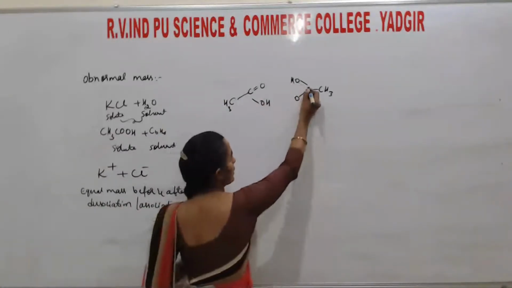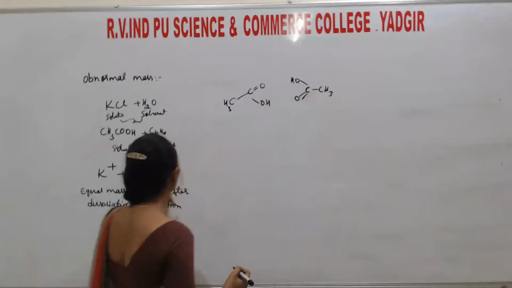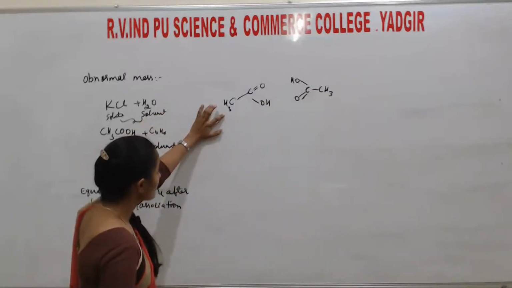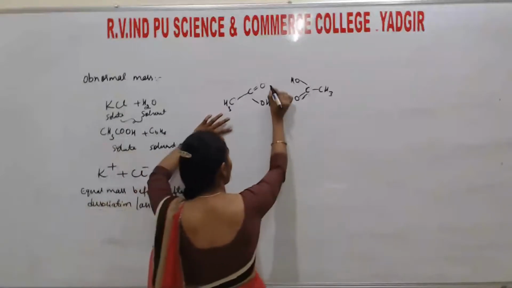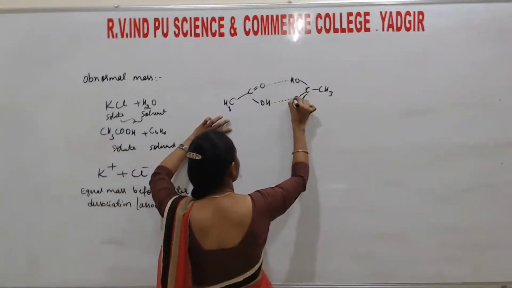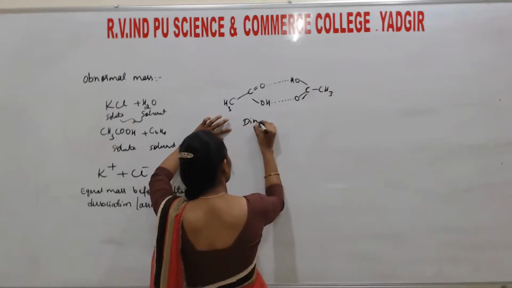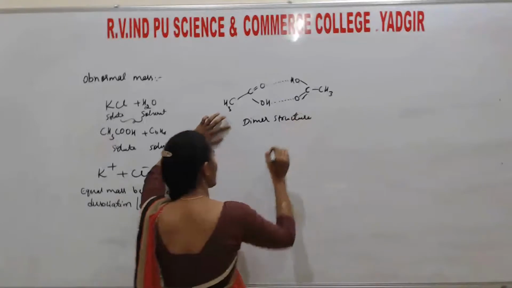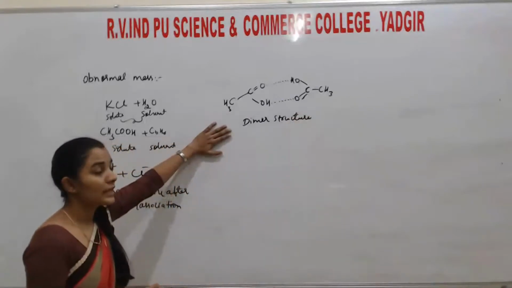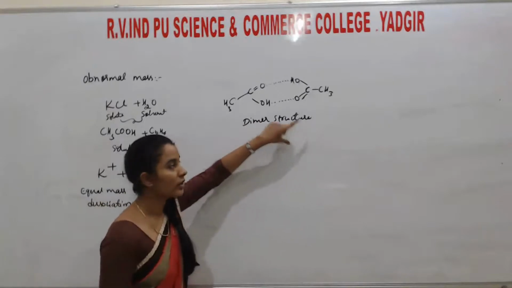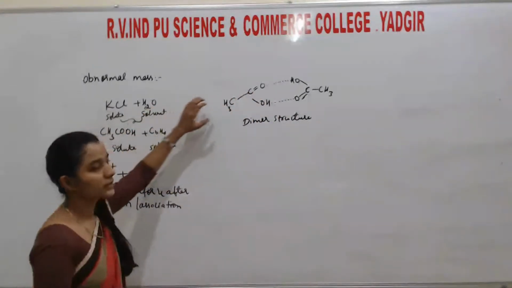So students, in the benzene ring, if in the presence of benzene as a solvent, if the dissociation of this takes place, what happens? They form a hydrogen bond here and form a dimer structure. Due to the formation of the hydrogen bond, instead of dissociation, they form what? Dimers. So dimers of acetic acid take place.